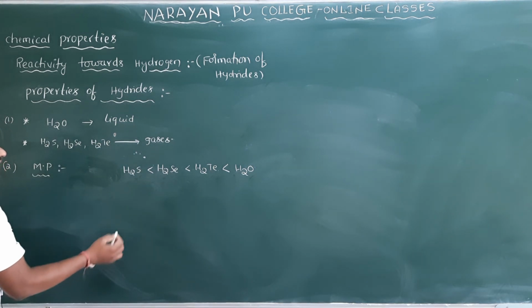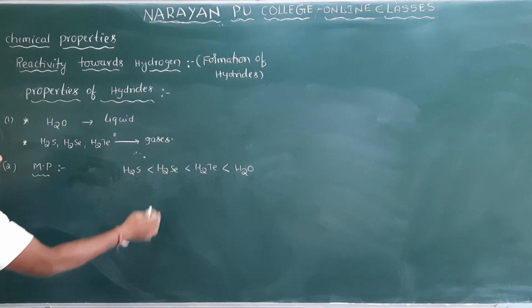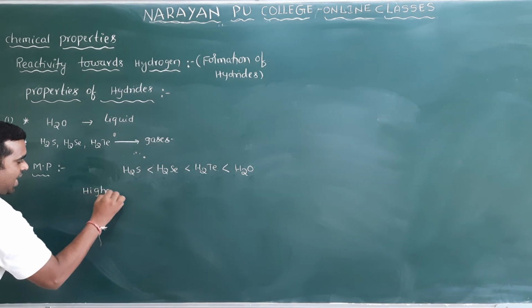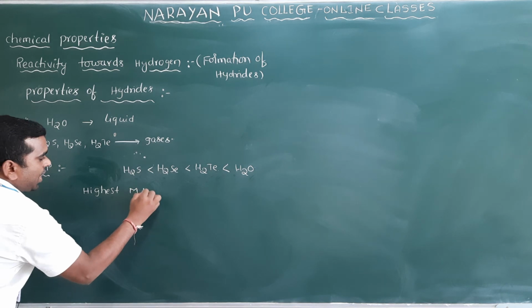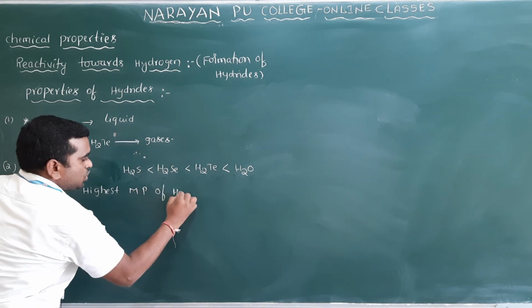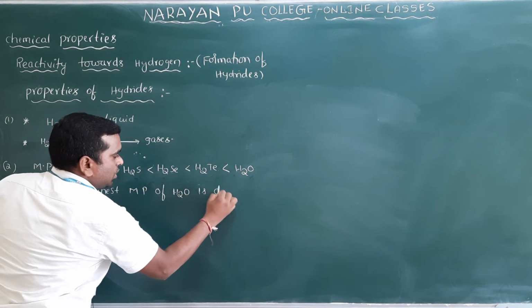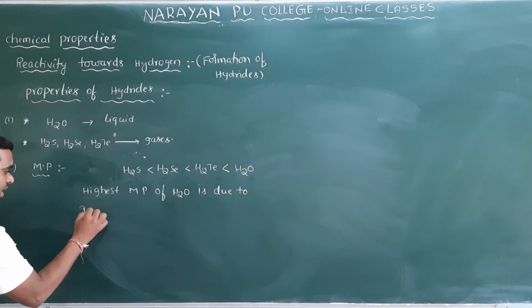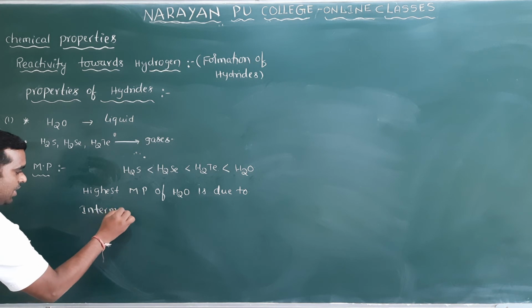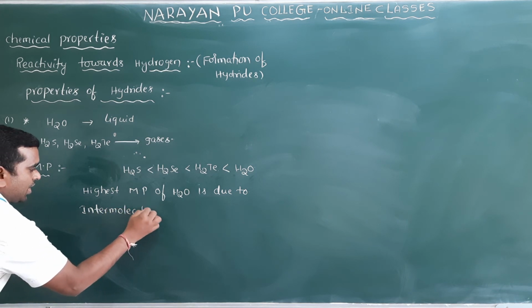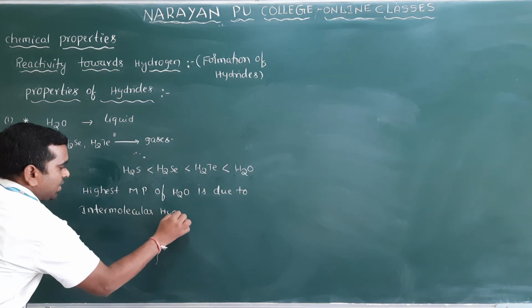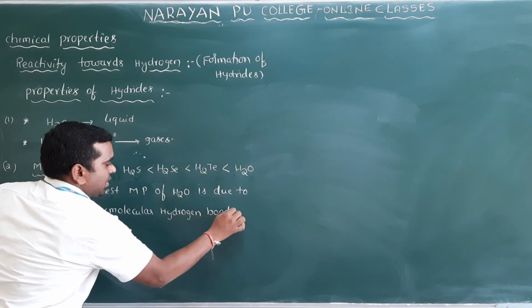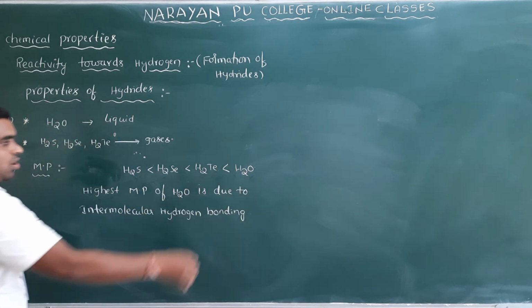So here the highest melting point of H2O is due to intermolecular hydrogen bonding. Like NH3, H2O also will form it.